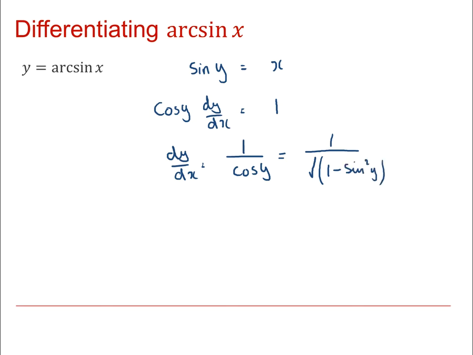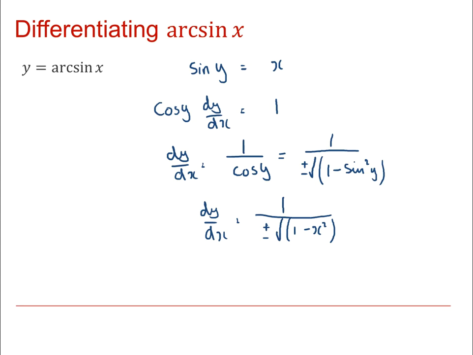But of course there'll be two of those, plus or minus. Sine squared y from above is equal to x squared, and therefore we've shown that dy by dx is equal to 1 over plus or minus the square root of 1 minus x squared.